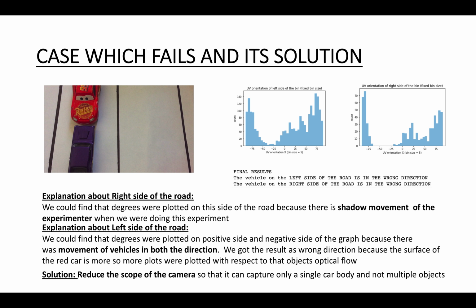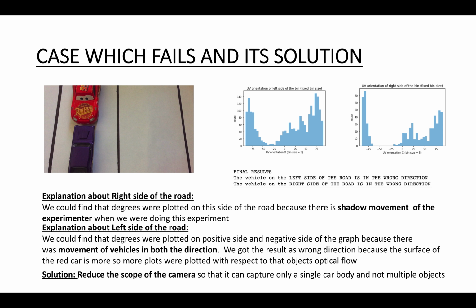In such a case, we cannot find the directions because, as you can see on the right side of the road, even though there was nothing, we could still find some UV directions on the UV orientation map. That was because during the experimentation, the experimenter was moving and a shadow was moving on the right side of the road.